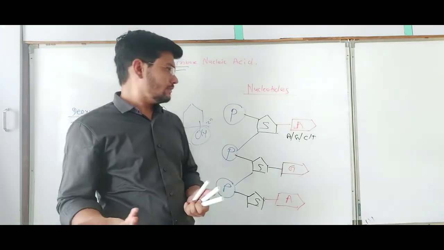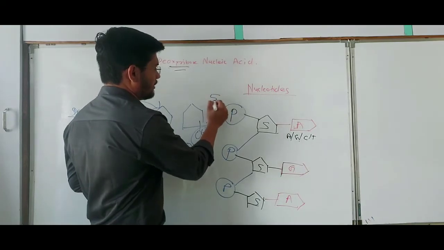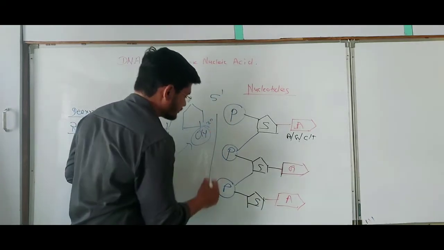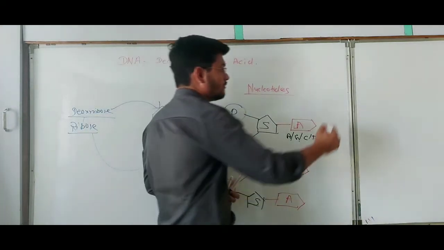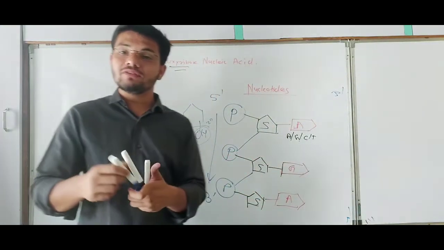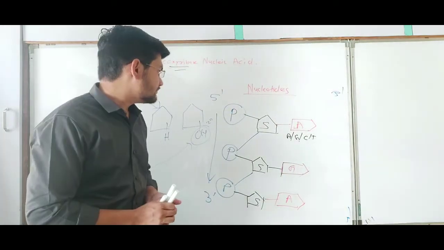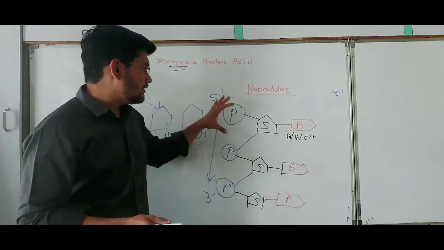What is anti-parallel? If this strand is running from 5' to 3' end, the other strand will run from 3' to 5'. What is 3' and 5'? That we will study in a few moments. What is 5'?